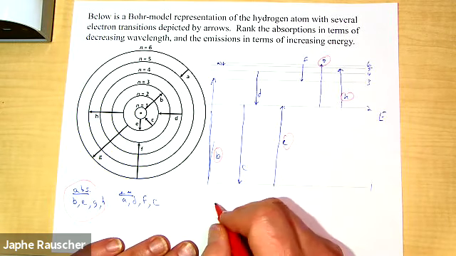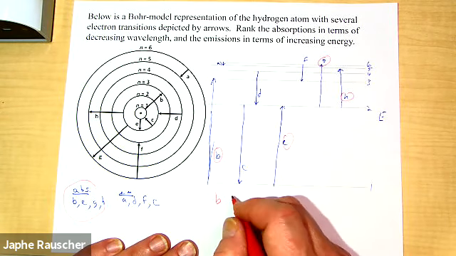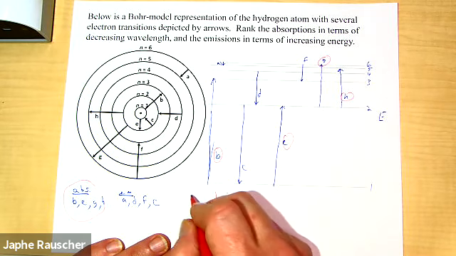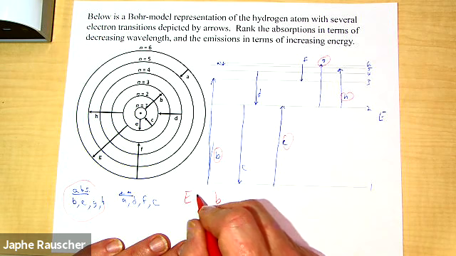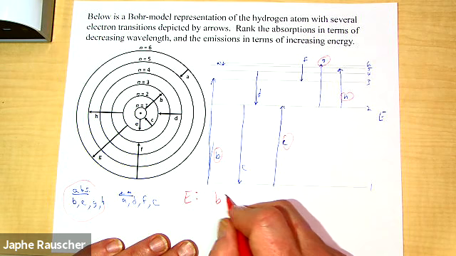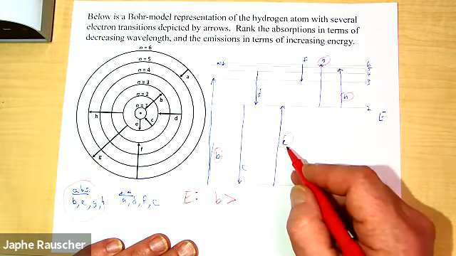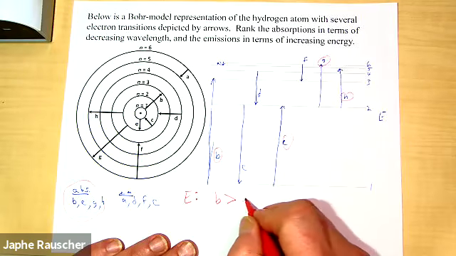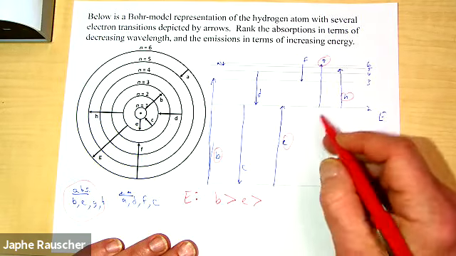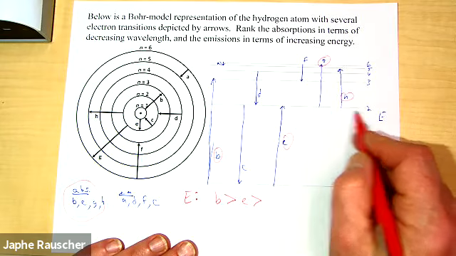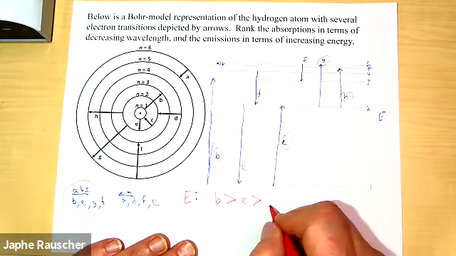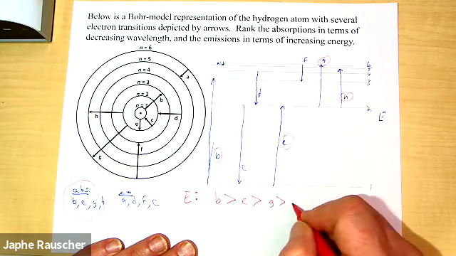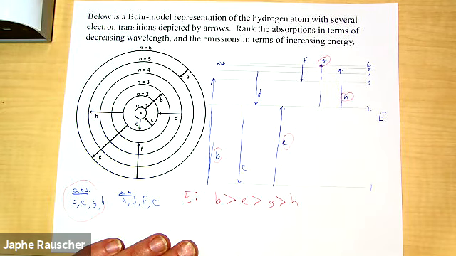B does, so B has the largest energy. Then E would be the next largest. These two, G and H, both start on 2, but G goes a bit further, so G is larger than H.